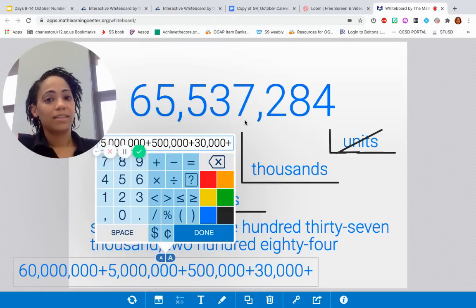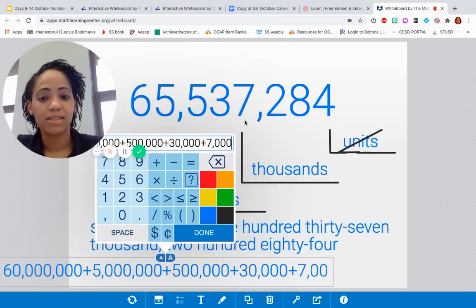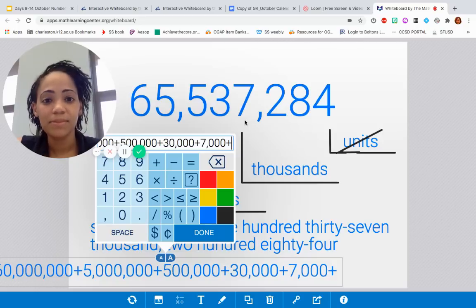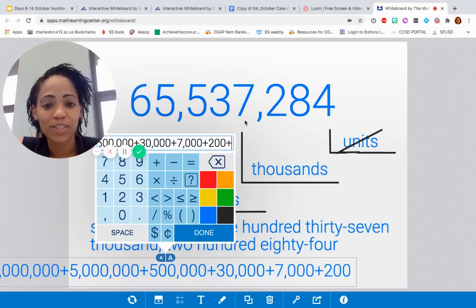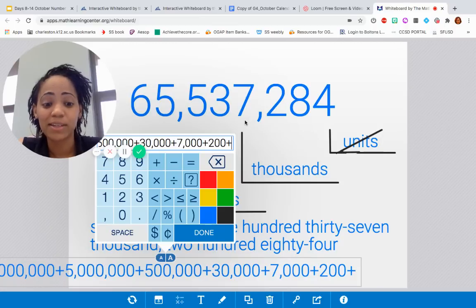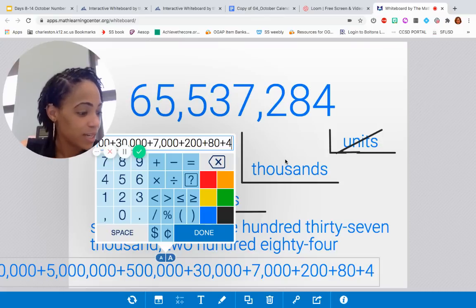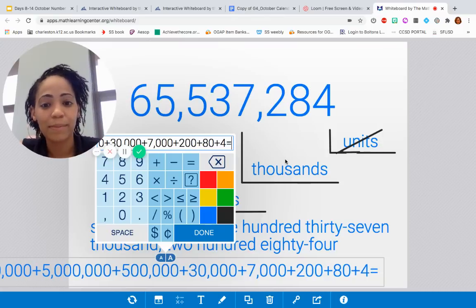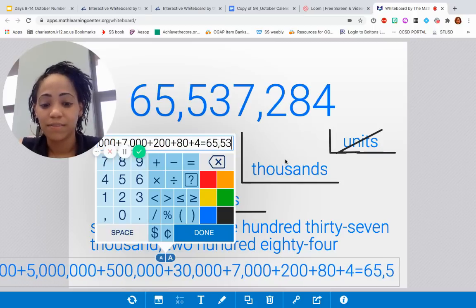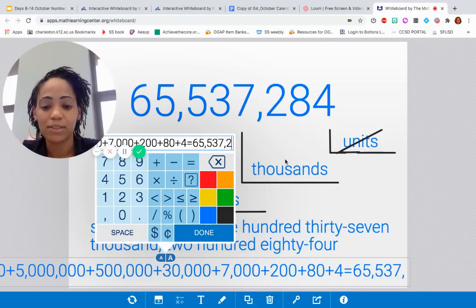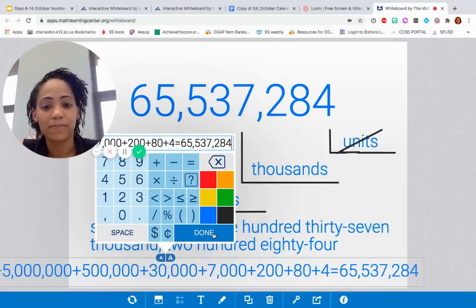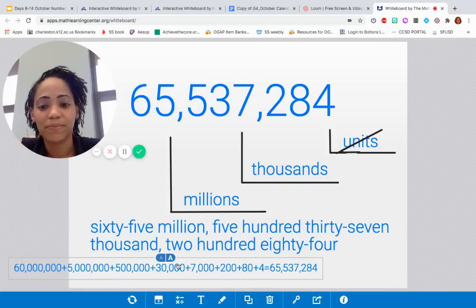Okay. 7 is worth 7,000. 2 is worth 200. We're almost there. 8 is worth 80, and just 4. Yes, and guess what all of that makes up? It makes the number 65,537,284.